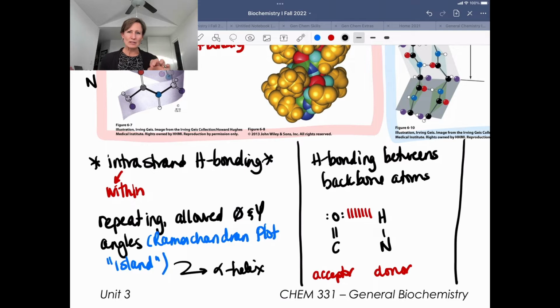It is entropically unfavorable to freeze out all that molecular motion, so the enthalpic compensation is intrastrand hydrogen bonding. One last thing I want to mention: when we look at alpha helices, I want you to think about the word coils. So these are coils.